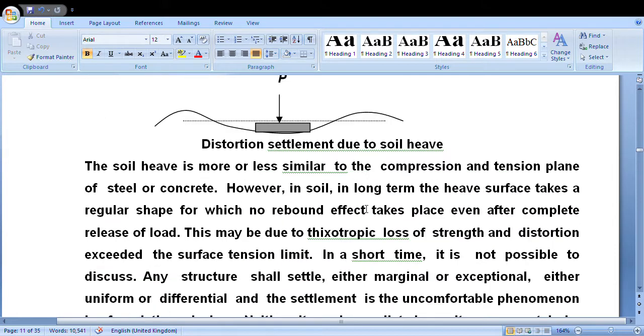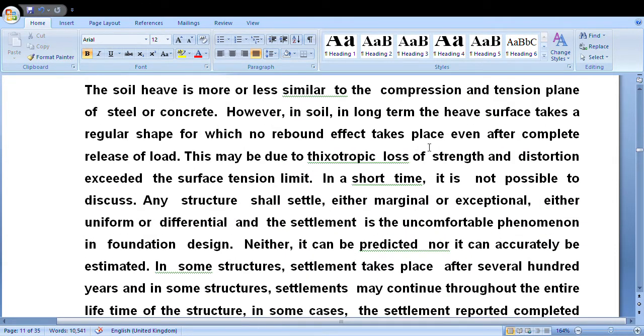However, in sandy soil, this type of rebound settlement is very little, since with rearrangement of particles, normally it gains that permanence, so the rebound effect will be very little. In clay also there may be little rebound.